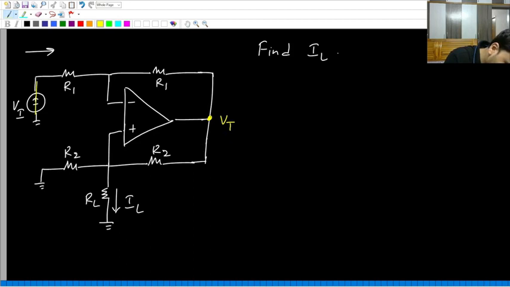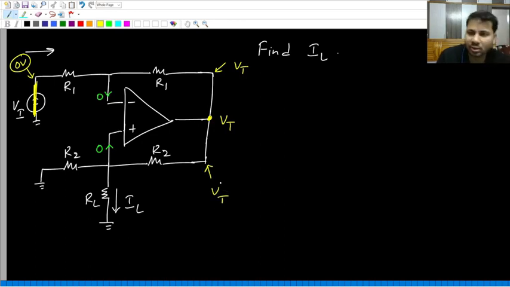If you make any voltage source 0, it becomes a short circuit. And if this becomes a short circuit, the potential at this point will become 0. Again, we know for ideal op-amp, both the input currents will be 0. What is the voltage at this point? Vt. What is the voltage at this point? Also Vt.